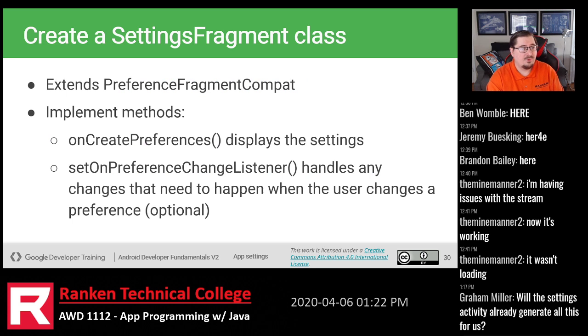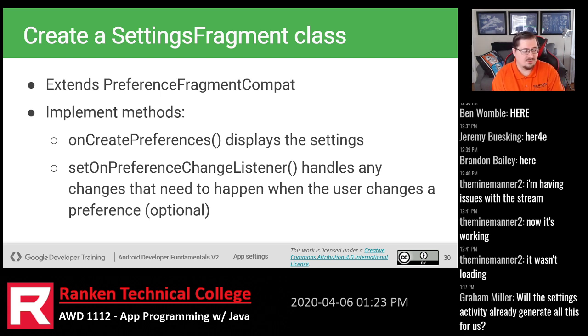Now to look at the fragment. The fragment needs to extend PreferenceFragmentCompat. Again, that needs to be the one from the Jetpack library now. We need to implement the onCreatePreferences method, which is interesting because historically, if you're creating a fragment, that's not the method that you normally implement.